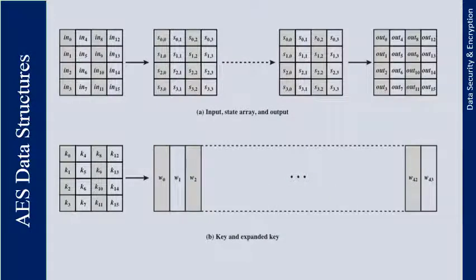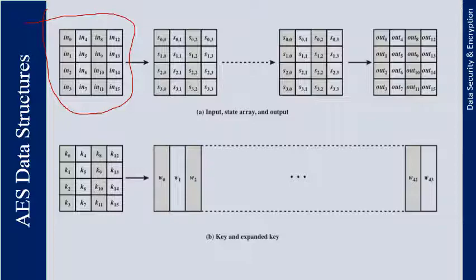The input to the encryption and decryption algorithm is a single 128 bit block, as discussed in the last slide. This block is depicted as a 4 by 4 square matrix of bytes, so each cell contains 1 byte.